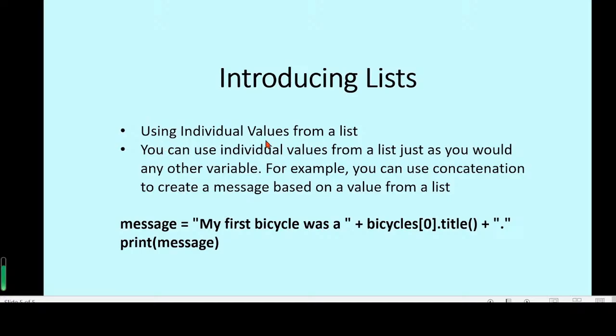Using individual values from a list: you can use individual values from a list just as you would any other variable. For example, you can use concatenation to create a message based on a value from a list. So we can get the first bicycle using its title form, then concatenate this item with this string and this string.